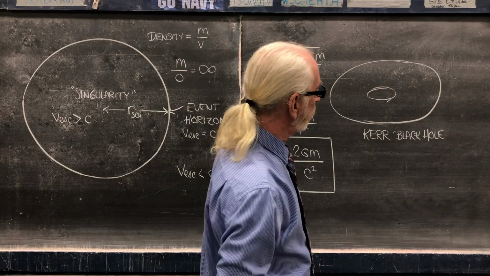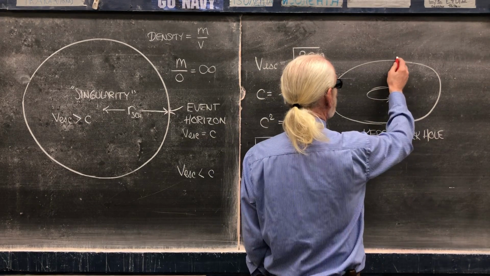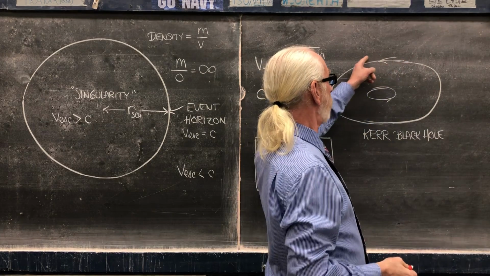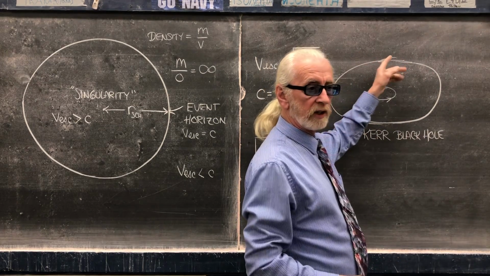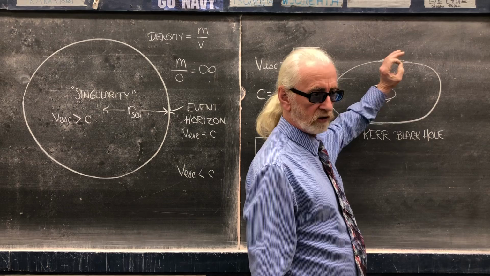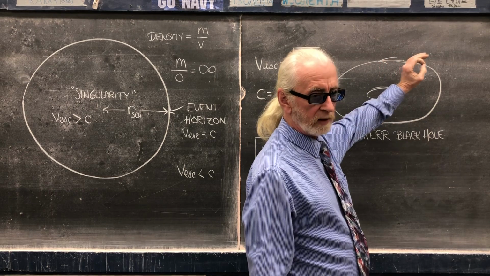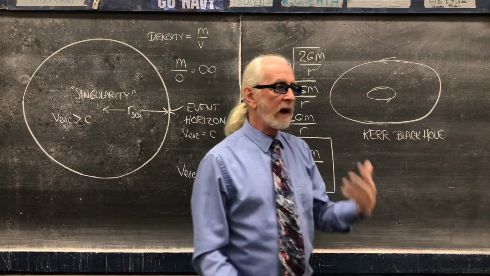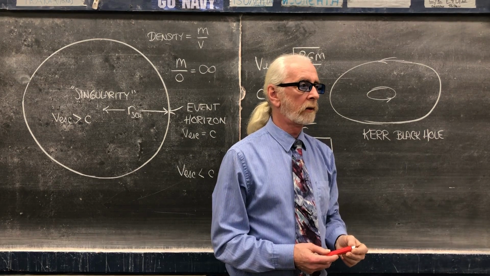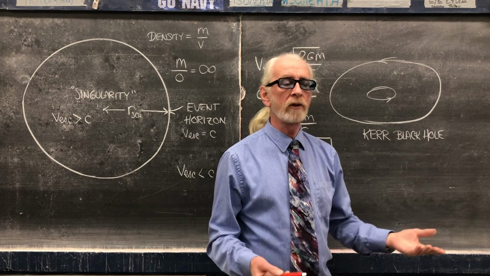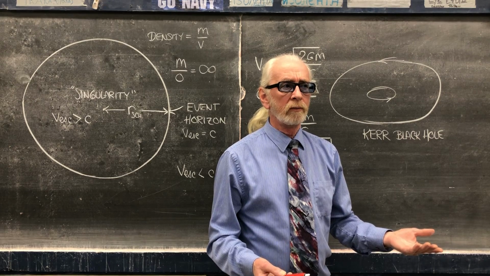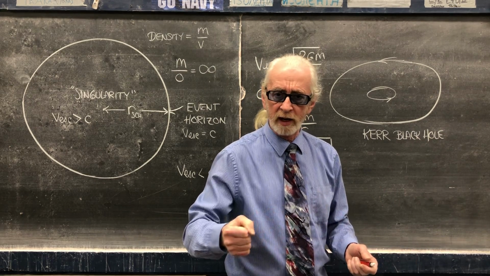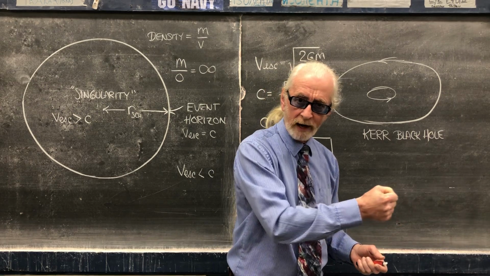And some weird stuff happens with a Kerr black hole because as it spins, it drags space-time right along the event horizon. The gravity is so intense at that point that space-time itself gets dragged along. The way to imagine it is, imagine fudge being stirred in a pot, and you stir that ladle in the pot and you can see the fudge getting dragged along.